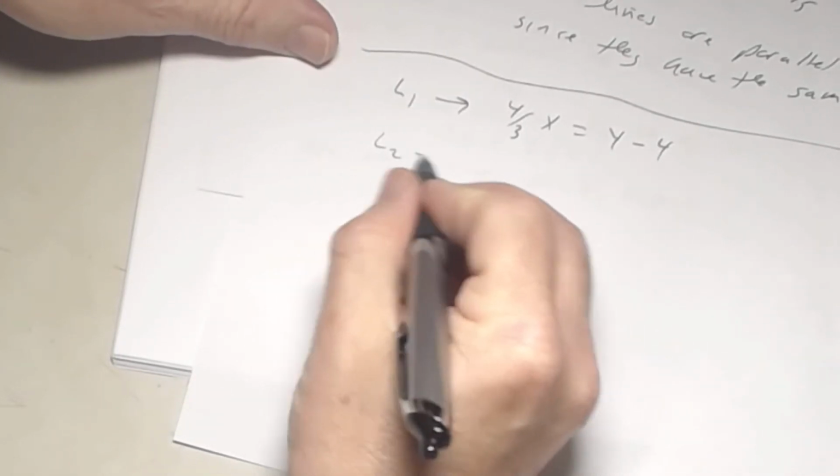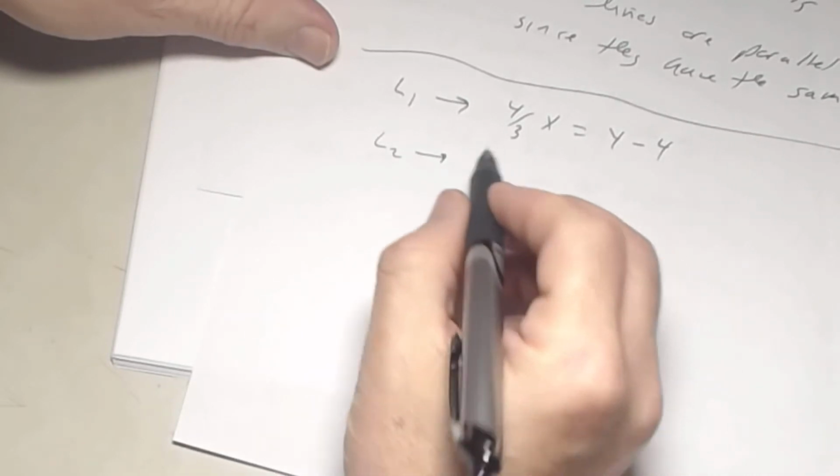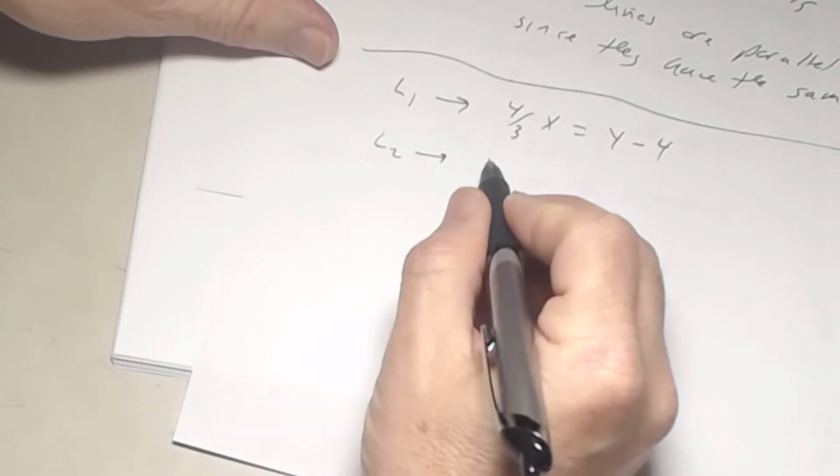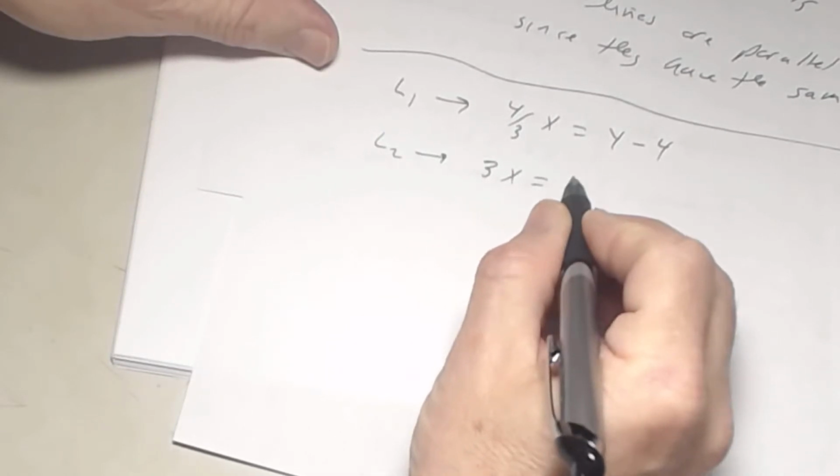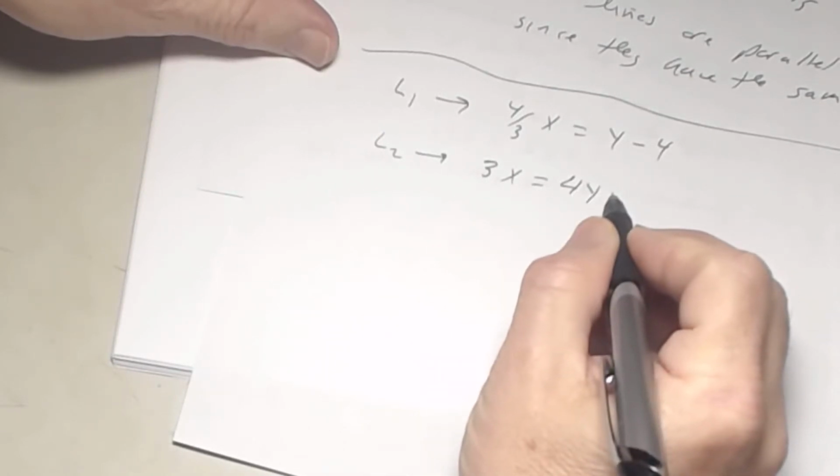And let's say L2 has this equation, 3x equals 4y plus 1. Okay, I'll make that up. And the question is, are those two lines parallel, perpendicular, or neither?